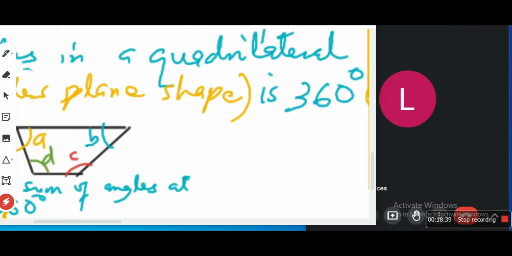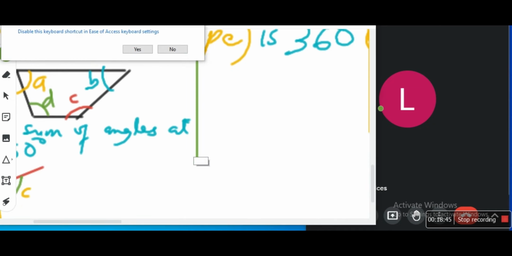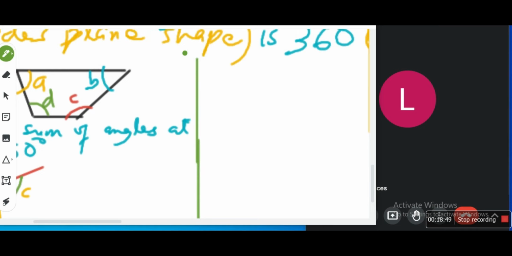Now, I want us to look at the different types of angles before we move forward. Different types of angles. We have acute.